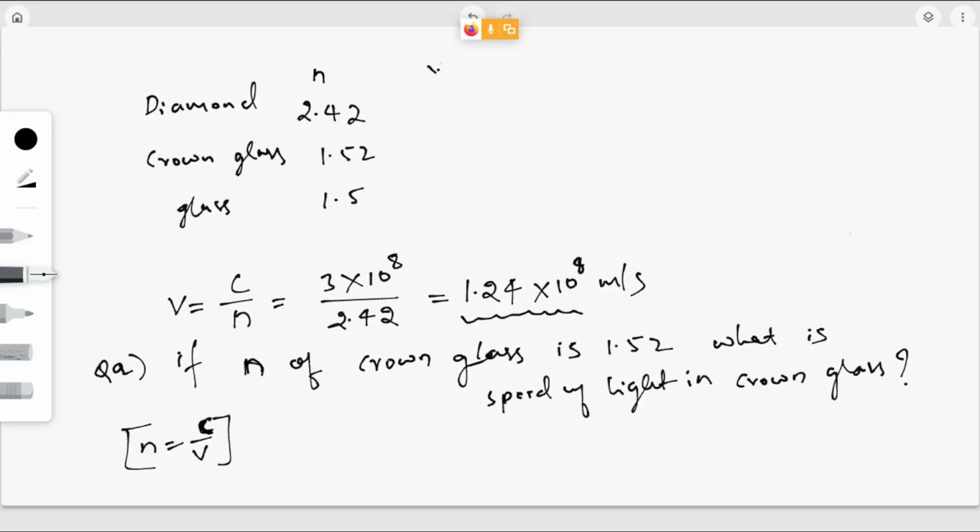What about the speed of light? What was the speed of light in diamond?